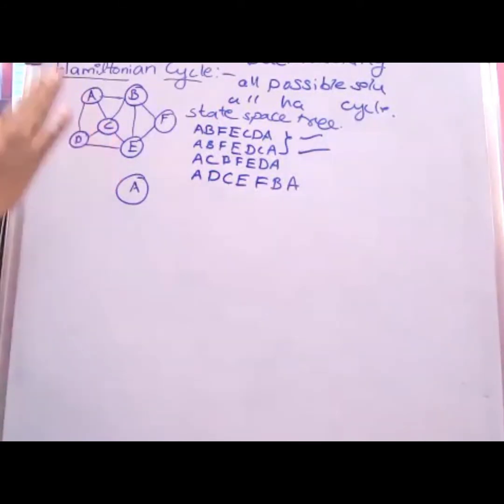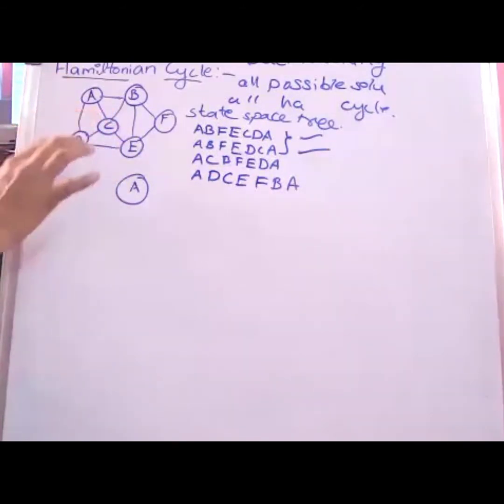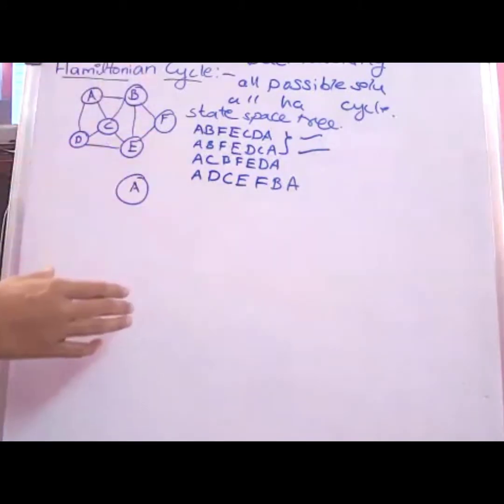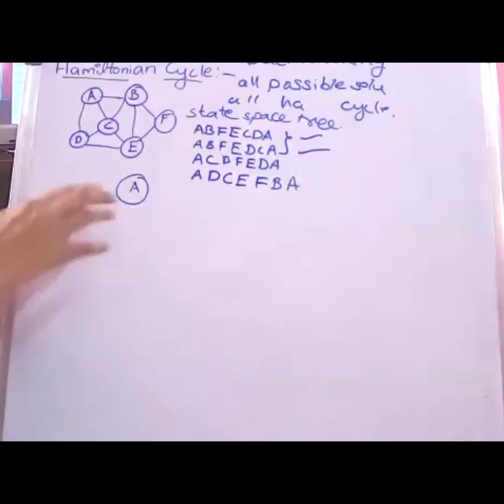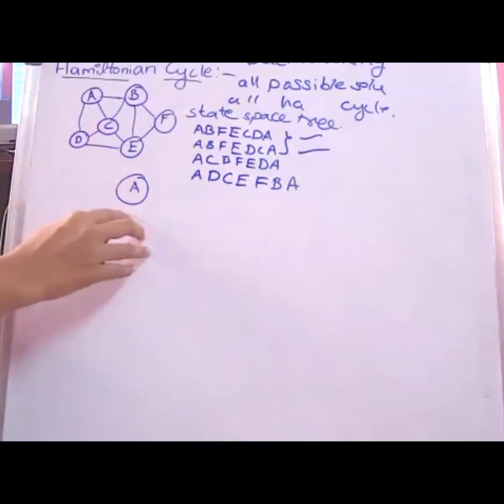If there is no Hamiltonian cycle, by looking at it you can write that there is no Hamiltonian cycle possible in this graph. To check whether we can get possible solutions or not, we can represent it with a state space tree.